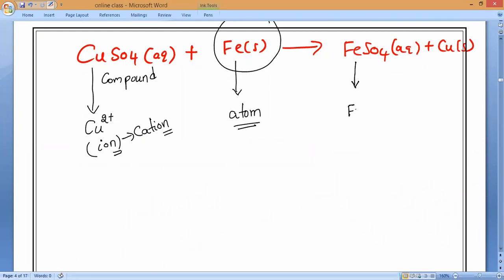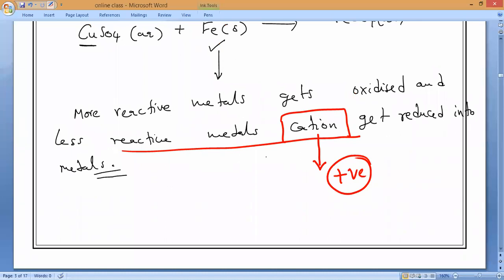Fe2+, it will turn into an ion in the compound. And copper is an atom. That is the meaning of this statement. Have you understood, guys? So we can say displacement reactions are examples of redox reactions.